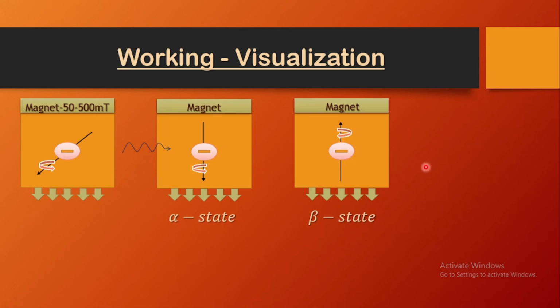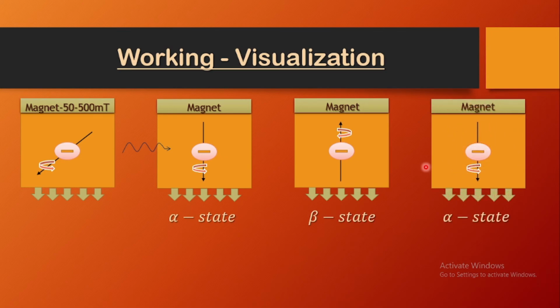And let us say we are going to block the electromagnetic radiation, that is, now we will just stop incidenting the photons. So in that case, when the microwave radiation is blocked, then the beta state comes back to the alpha state. So again, there we can observe flipping of the electron spin.